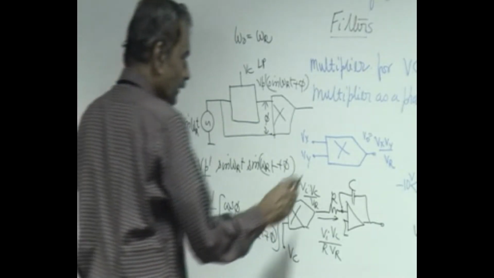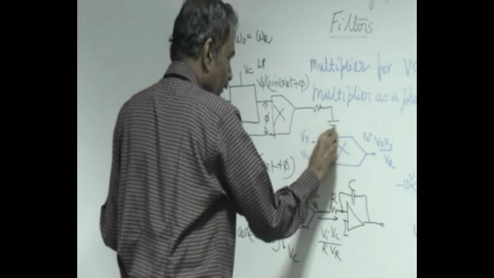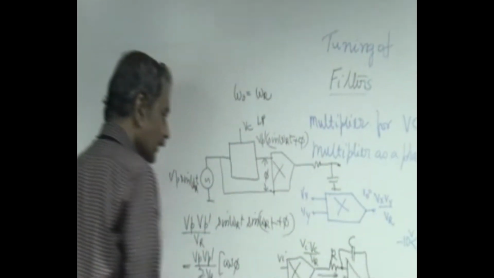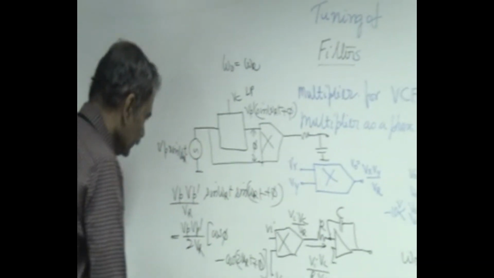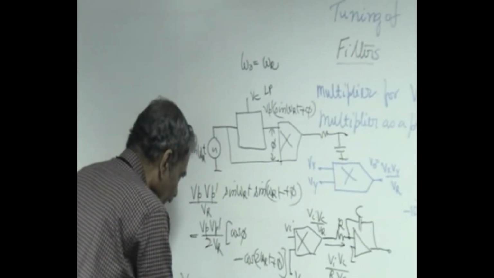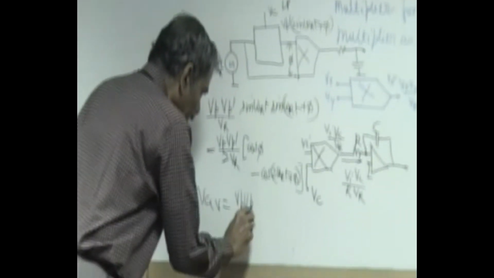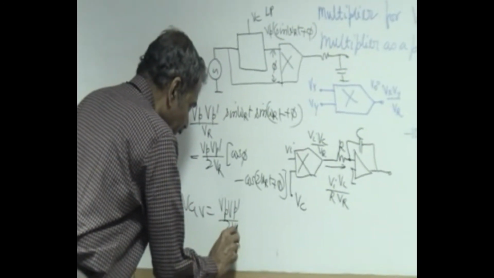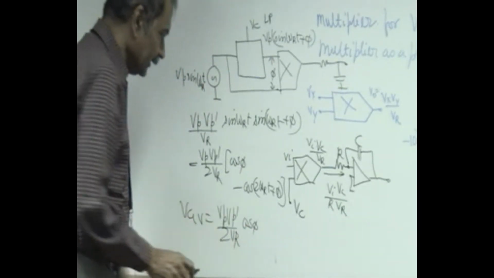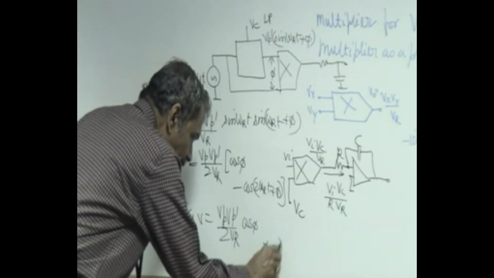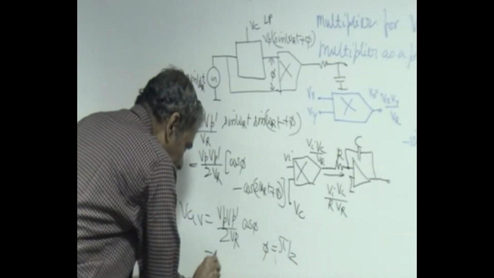By putting a low pass filter after this, we can get rid of the 2 omega component and get an average which is proportional to cos phi. And if phi is pi by 2, this average is going to be 0.